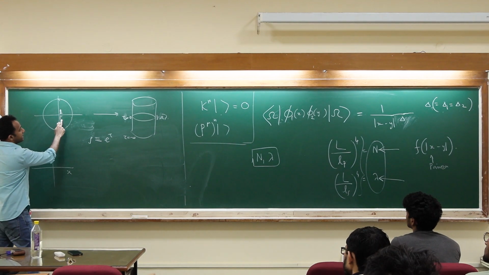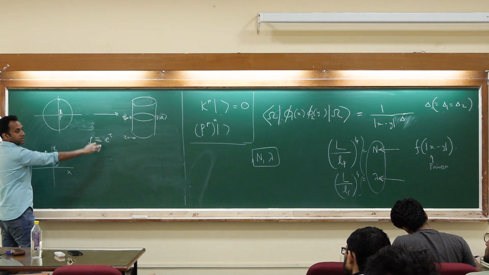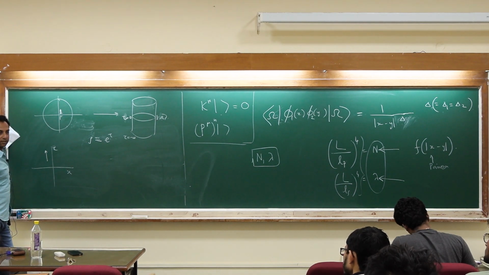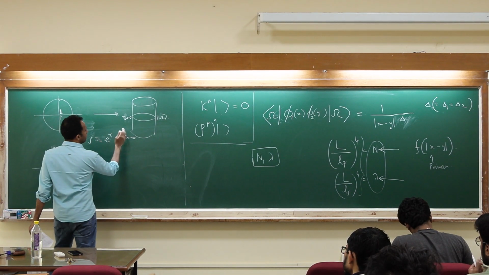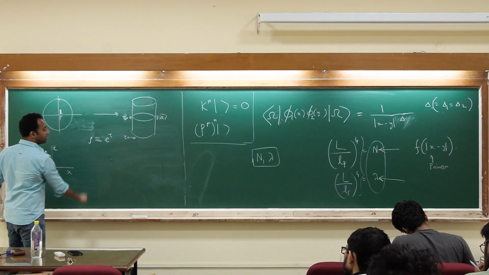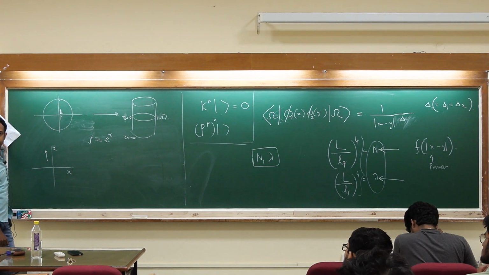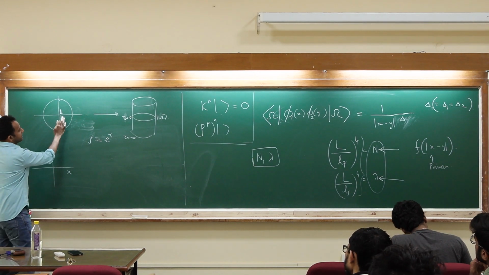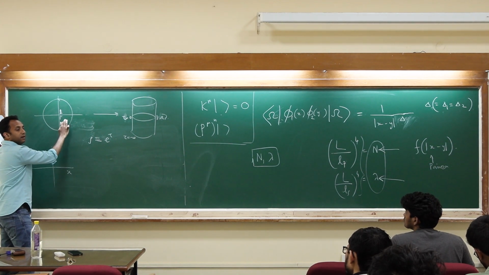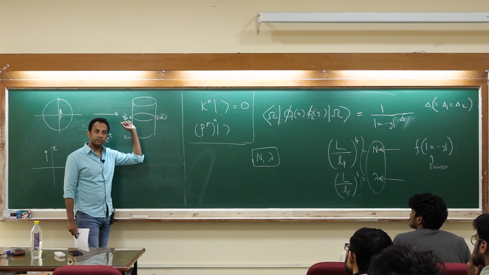So the reason this is a reasonable construction is that rho going to rho plus some shift, tau going to tau plus some shift, which is a time evolution here, is basically just a rescaling of rho. And rescalings are a symmetry of conformal field theory. So what that means is that the dilatations in the plane translate to the Hamiltonian evolution on the cylinder.